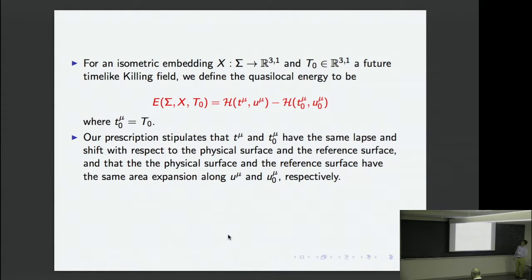We stipulate that T mu and T naught mu actually have the same lapse and shift with respect to the physical surface and the reference surface.